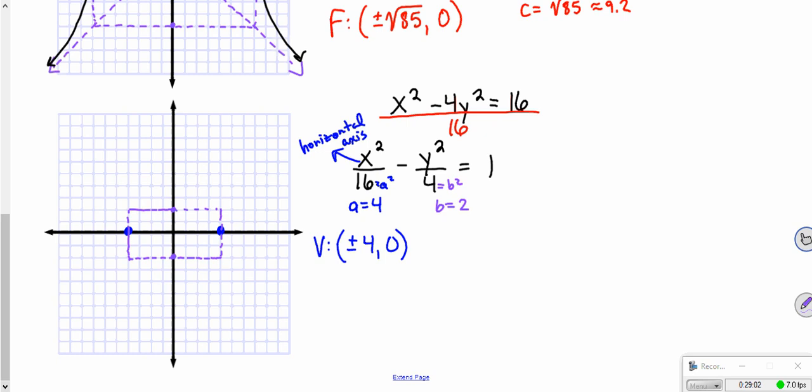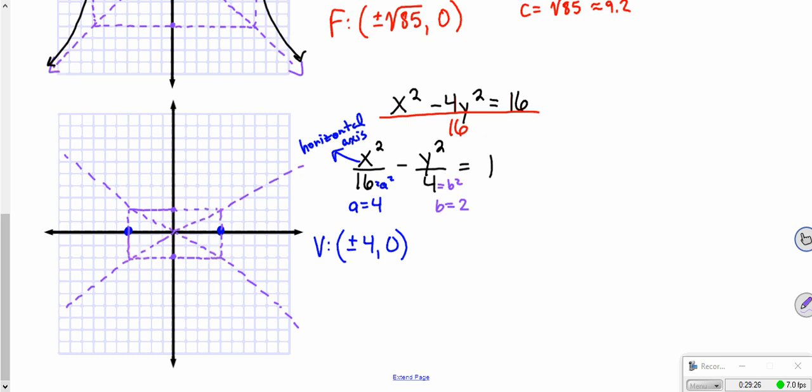Now, again, all my box is really good for is my asymptotes. These are going to be much skinnier branches of my hyperbola because my slope is a lot less.